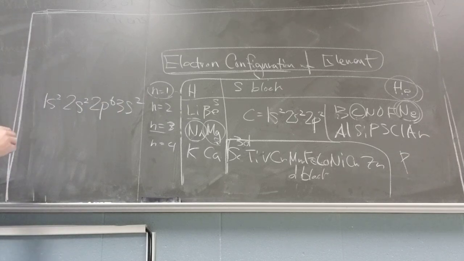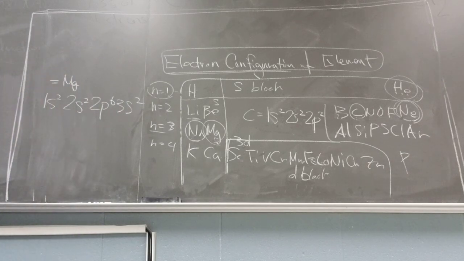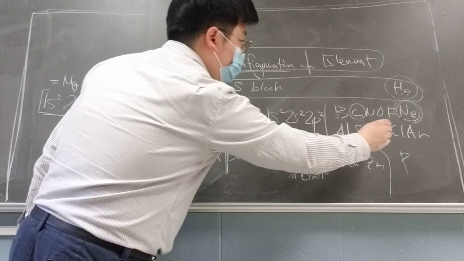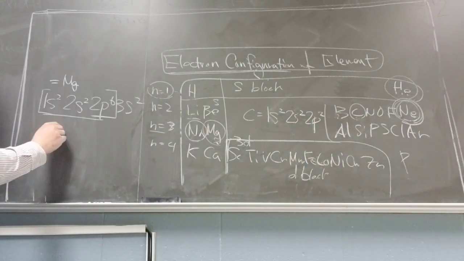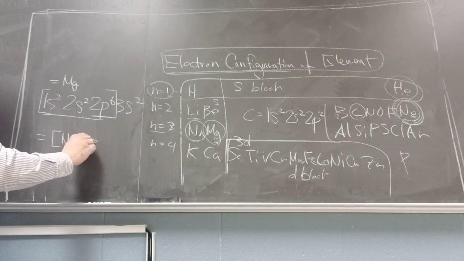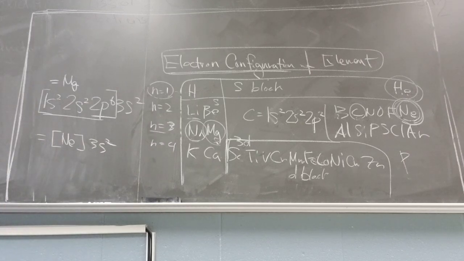Okay, so this will be your electron configuration form for magnesium. But you can also do this one, which is the same as the neon electron configuration form. So we're going to put it in the much shorter version, which is easier. Like this. Okay. Makes sense, right?